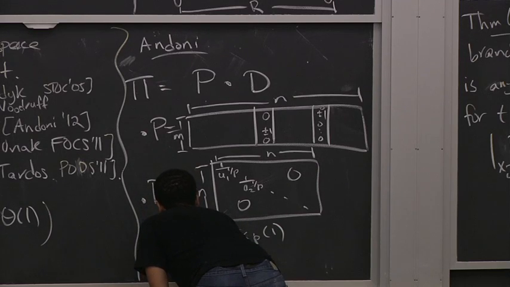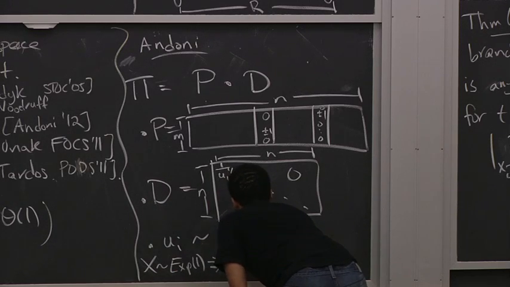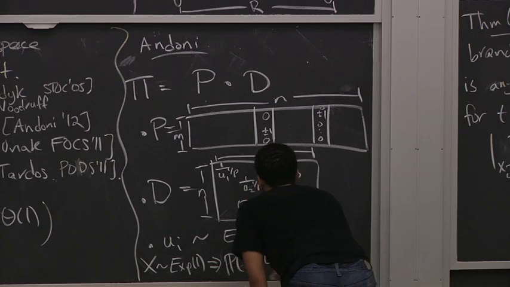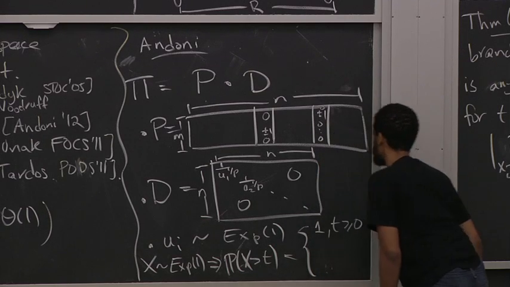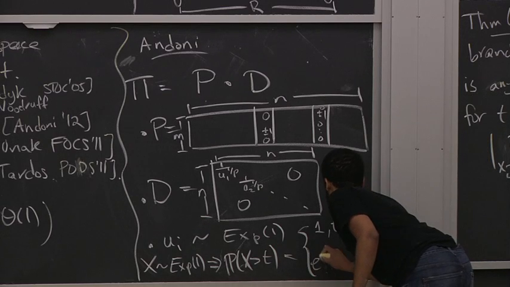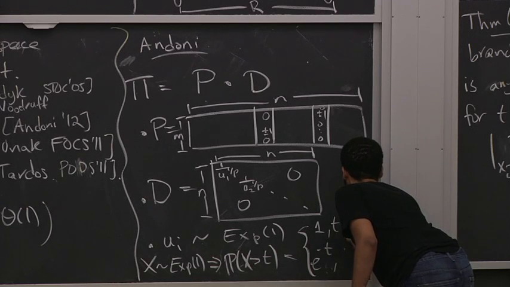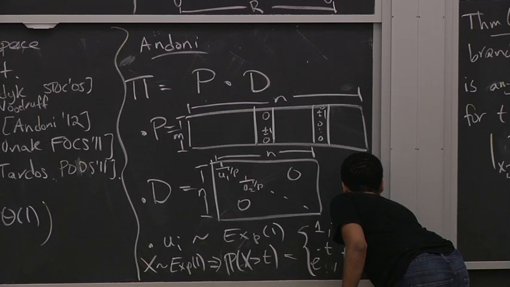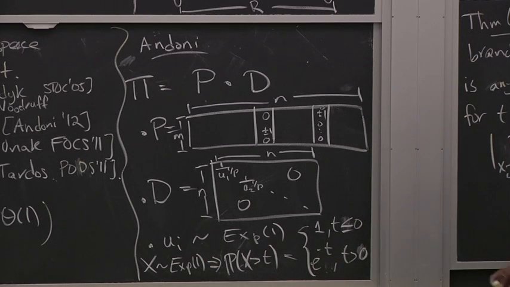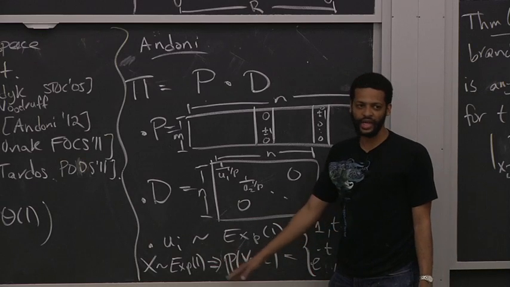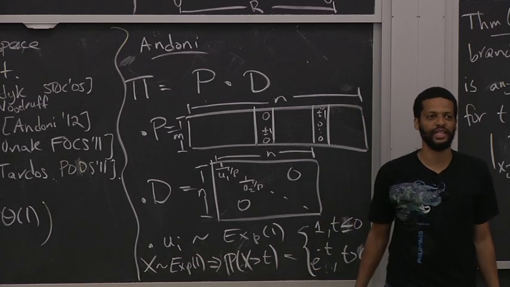X being exponential means that the probability that x is bigger than t is equal to 1 if t is at most 0, and e to the minus t for t greater than 0. So an exponential random variable is always positive, and the probability that it's bigger than t is e to the minus t.